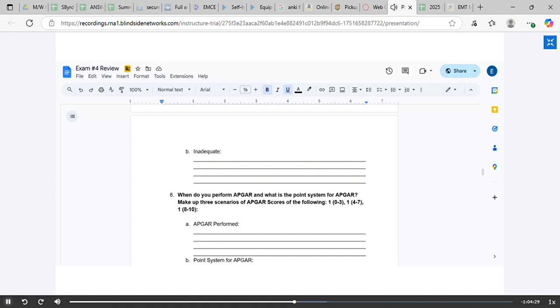And then one of the things that I hope you guys have learned from either reading in your book or from scenarios and us talking to you is your kids, they compensate very well until they don't anymore. And so their rate of deterioration is good until it's like it just falls off a cliff and they're not good anymore.